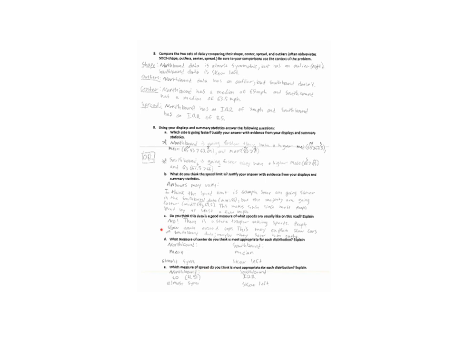Okay, next question, D. What measure of center do you think is most appropriate for each distribution? Remember, we look at the shape of our distributions. So the northbound data, remember up here, the shape said it was almost symmetric. So for symmetric data, the mean is good.